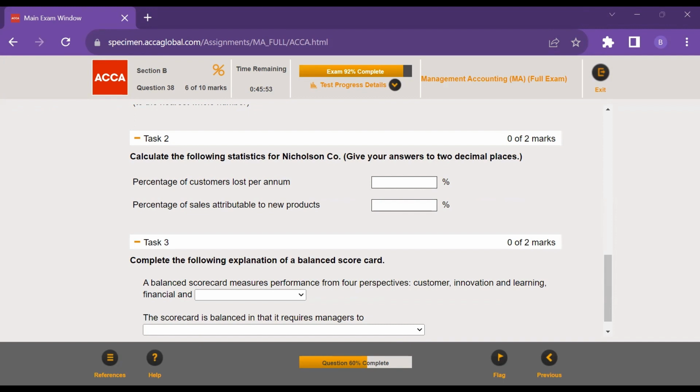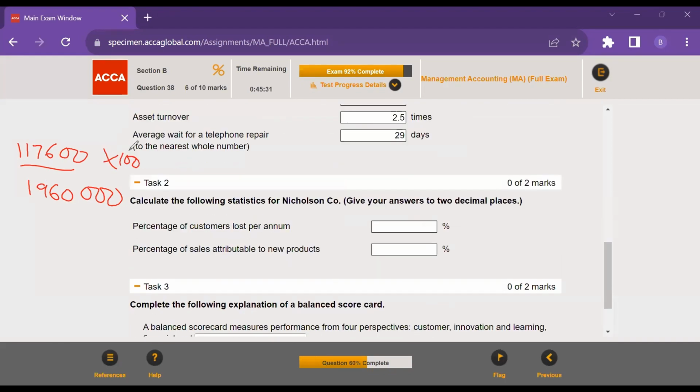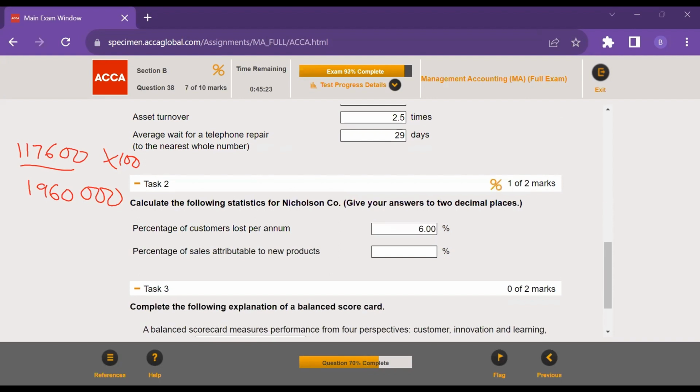I can see in the scenario that my average number of customers is this, and customers lost is 117,600. So my answer will be 117,600 divided by 196,000, and I will multiply this by 100 to get it in percentage terms. With this, I will have my answer as 6%. It wants 2 decimal places, so I will enter 6.00.